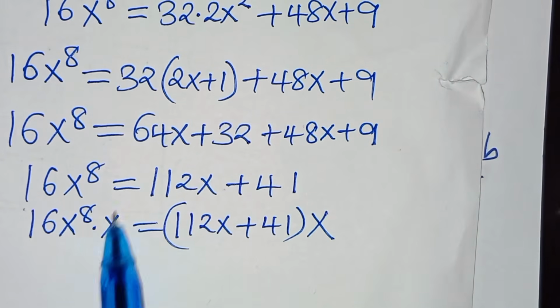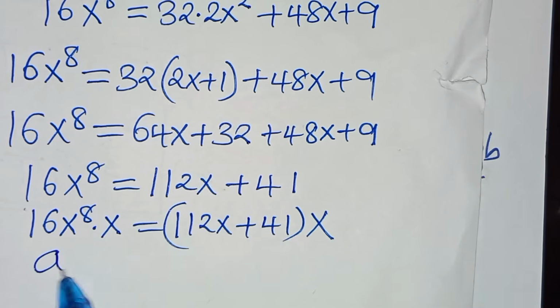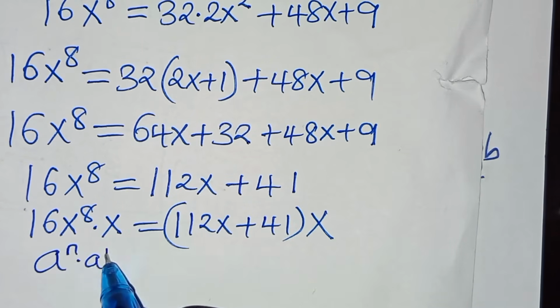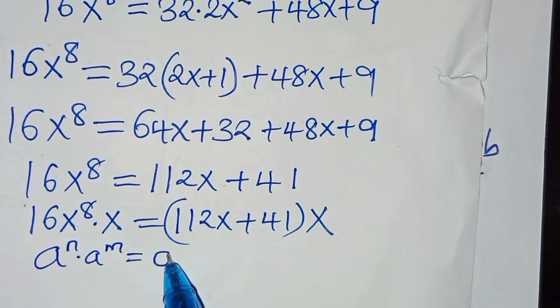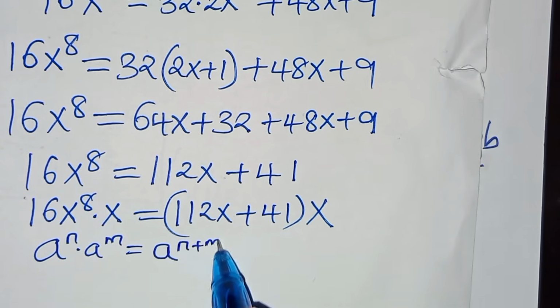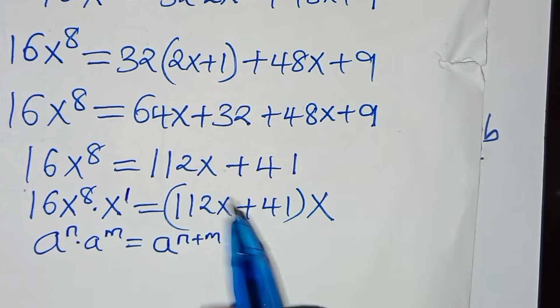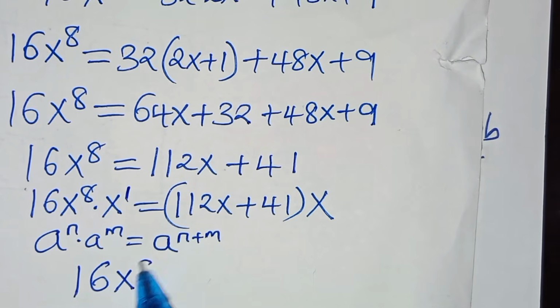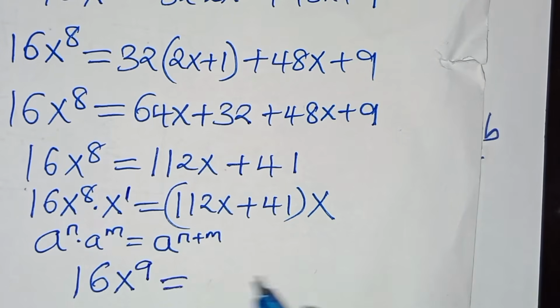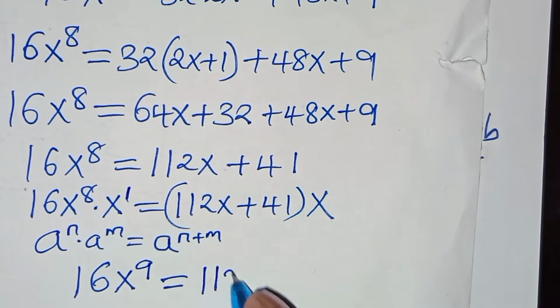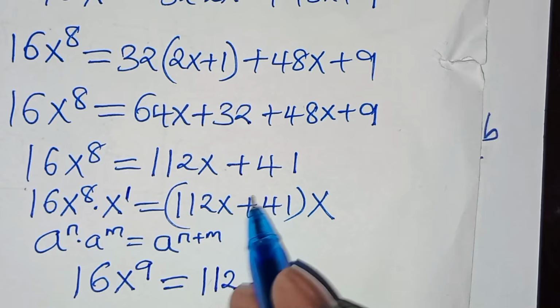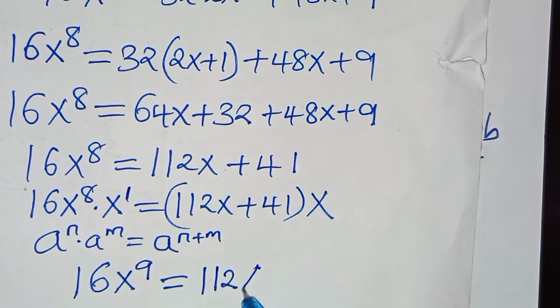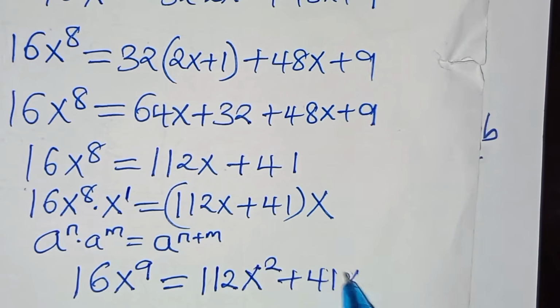So that now, this is actually in the form of a to the power n times a to the power m, which we can express as a to the power n plus m. So this is x to the power 1. So that here we have 16x to the power 8 plus 1, this is 9, and this is equal to 112x times x, so we'll have 112x to the power 2 plus 41x.